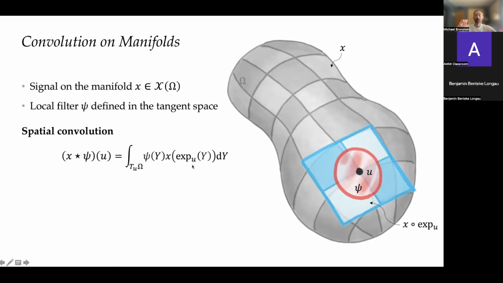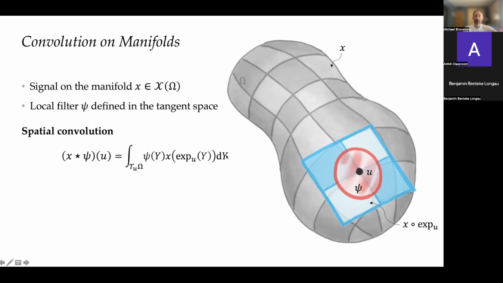It allows me to take a vector in the tangent space, and it will correspond to a value of the function, right? So it gives me a local view on the function around the point U. So this is how it looks. And then I just correlate it with the filter that I define in this space, and I get an analogy of convolution.